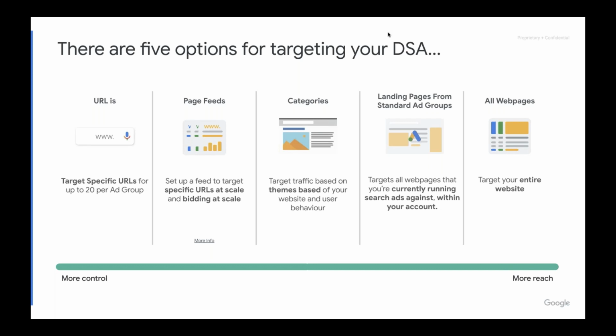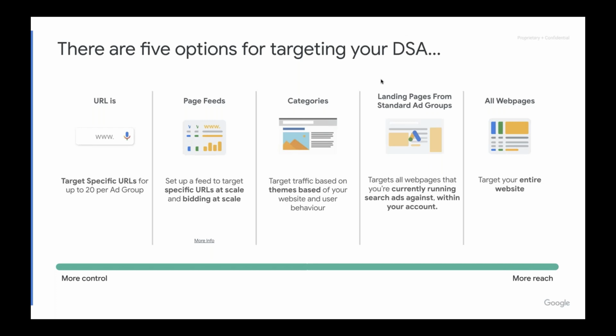First, you can specify a URL and say, okay, I want these dynamic search ads to show up only for this specific URL or list of URLs, right? The second one: I have a really comprehensive website, so I can upload page feeds.